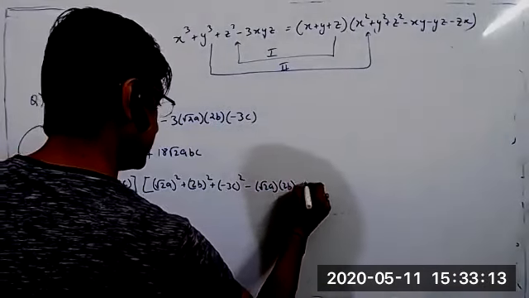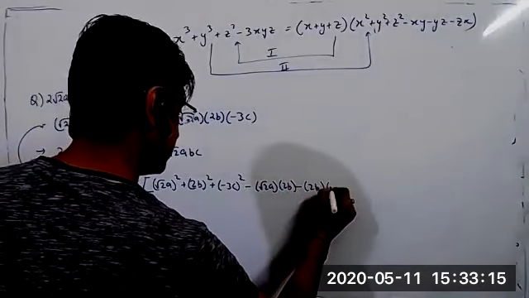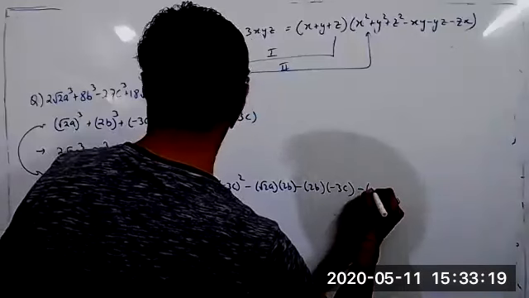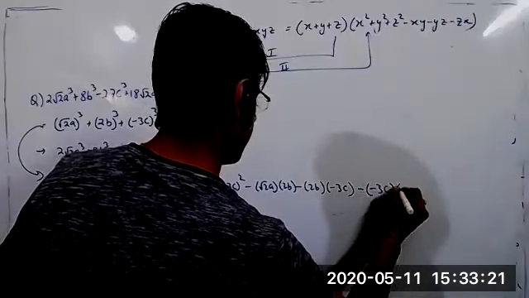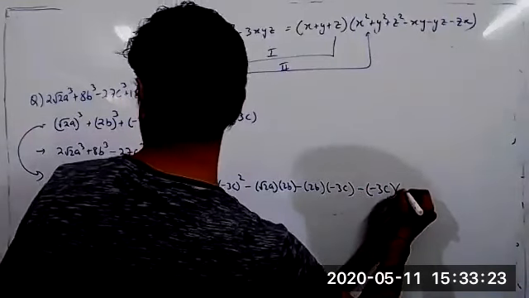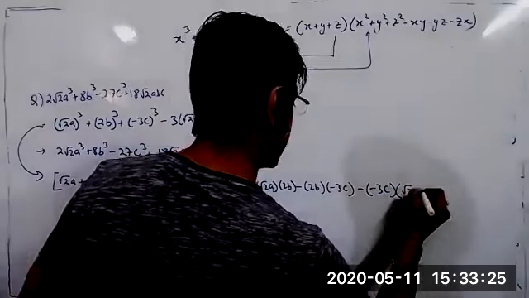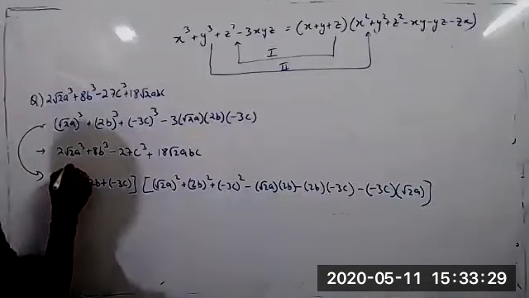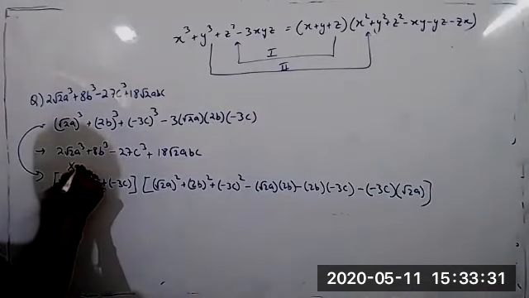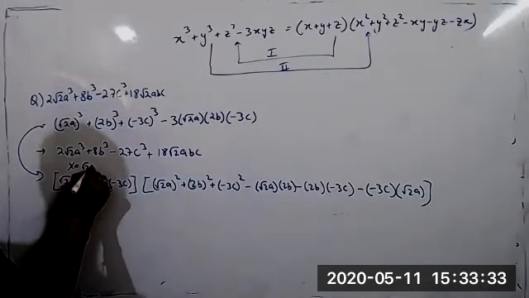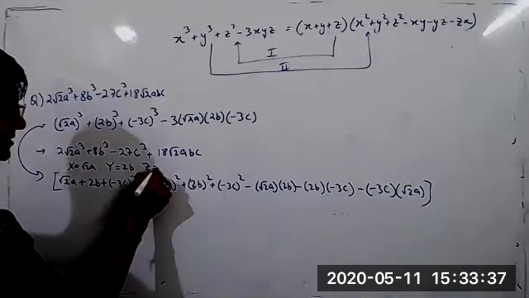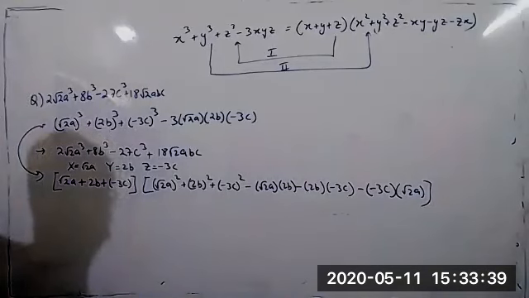Minus under root 2a. Additional one step, you should write it. What is x? x is under root 2a, y is 2b, and z is minus 3c.